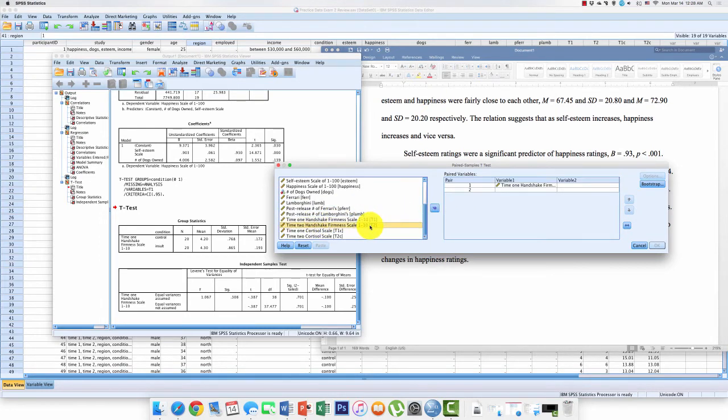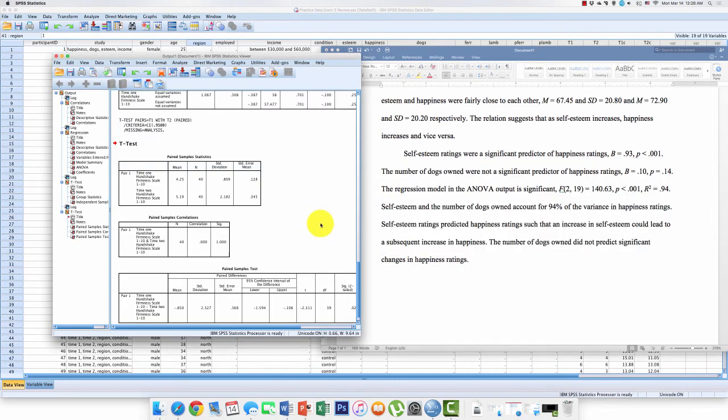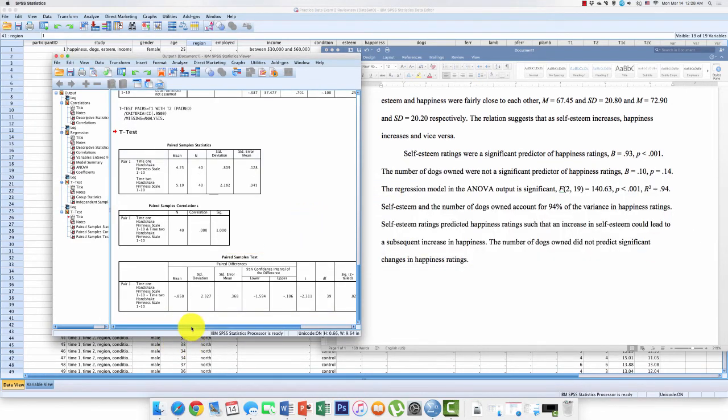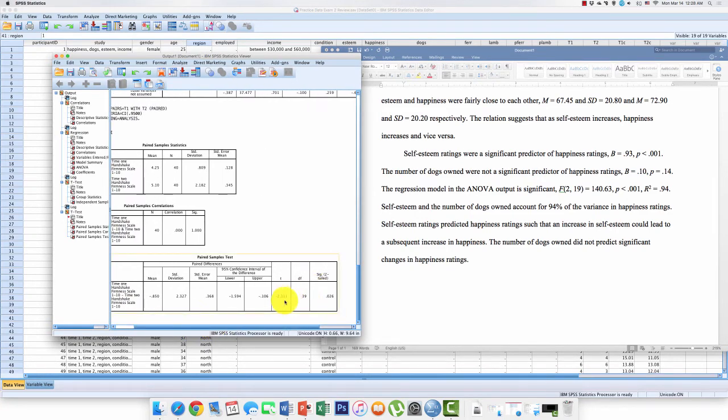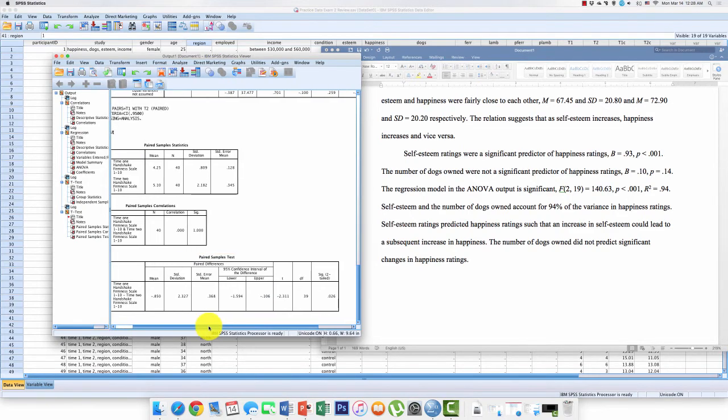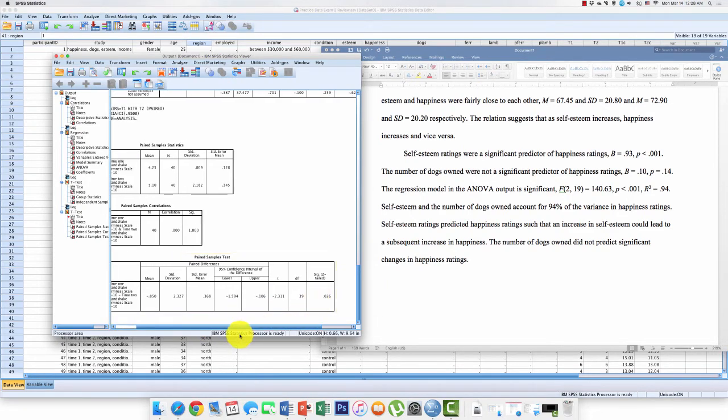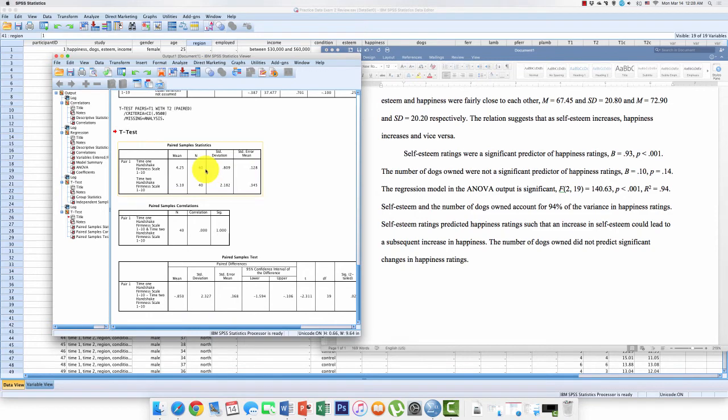Time 1 handshake firmness versus time 2 handshake firmness. Hit OK. We see that there is a significant difference between time 1 and time 2. And then we have our means and standard deviations, which we're going to need later.